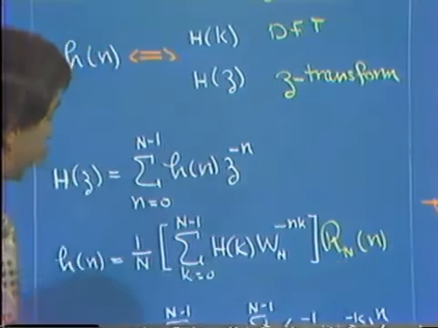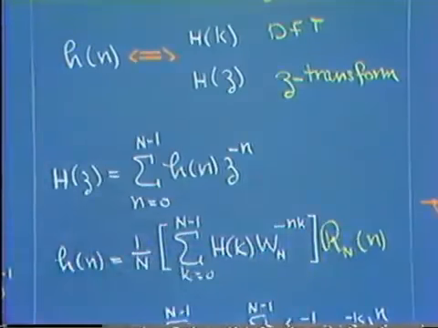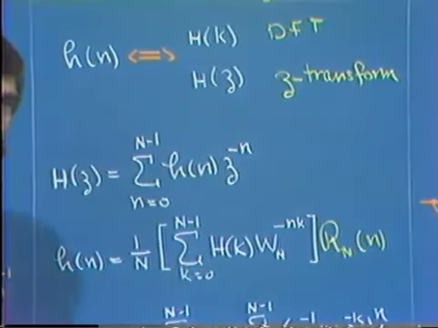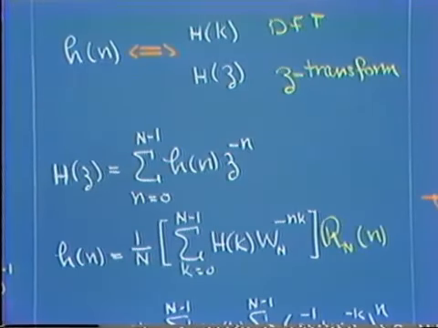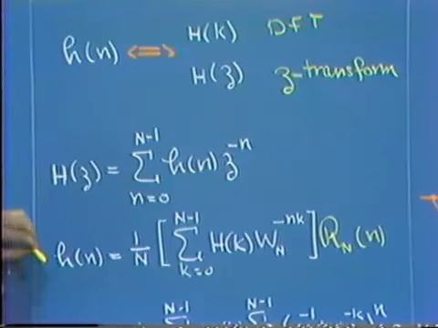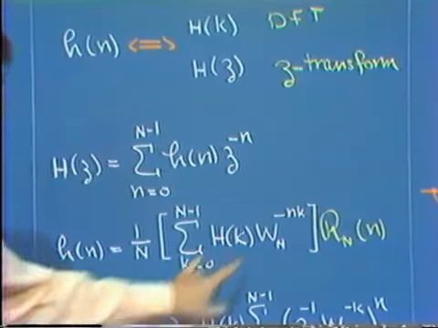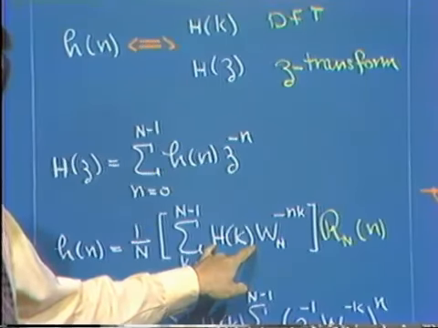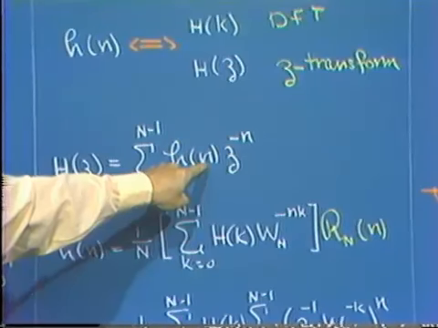And again, this term r sub capital N of n is to simply truncate h of n after capital N points. That is, to extract one period from the periodic function that this sum generates. Now we can substitute h of n expressed in terms of its discrete Fourier transform into this expression.